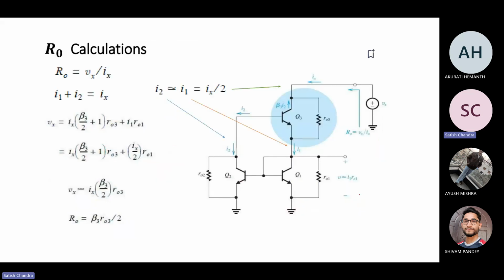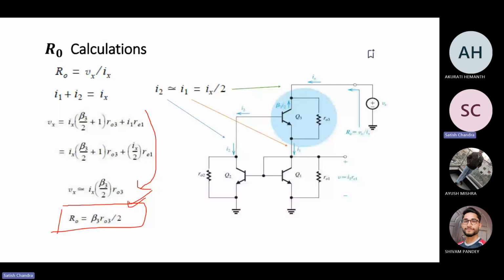But what is going to happen when we calculate the R0 across this one? R0 is equal to Vx by Ix. If I calculate the equation from here, this is the mathematical term which we have attained, that R0 is going to come like beta 3 R0 3 by 2. It means the value changes depending on beta 3. Okay, it means it is attaining a higher output resistance value.